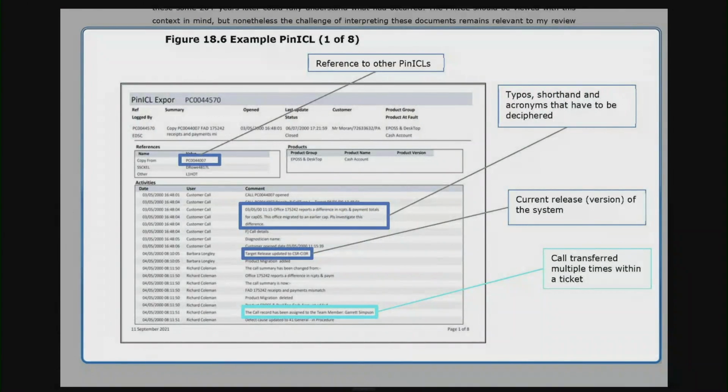And then on the right-hand side, the product code group and the products at fault. Was this meant to identify the two things that are set out there? In this case, the product group was the EPOS, the electronic point of sale system, and the desktop, and the product within that was the cash account. Yes.